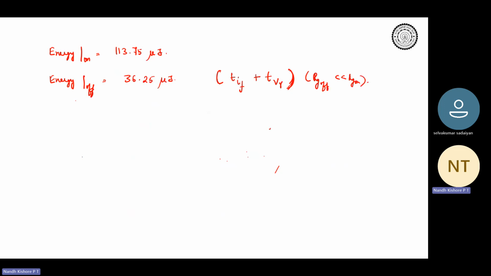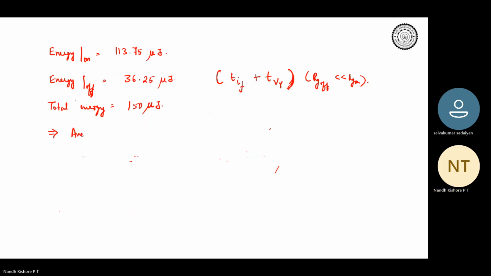So total energy will be this plus this, which is 150 microjoules, right? This is the total energy expended by the device every time it turns on and turns off.